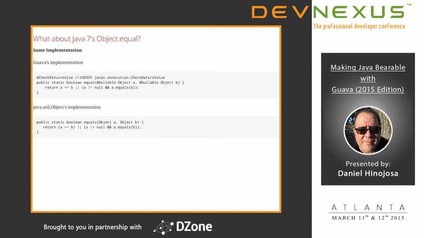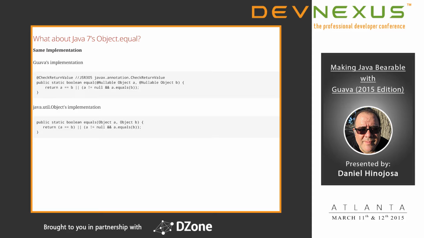Now, here's the thing. Something new came out in Java 7 that I'm not sure a lot of people are aware of. And that's misspelled here. It's called Objects, and that is inside of the JDK called java.util.Objects. And it has a lot of really neat features like this. So check out the implementations. It's almost like they copied code, kind of like what I used to do in college.